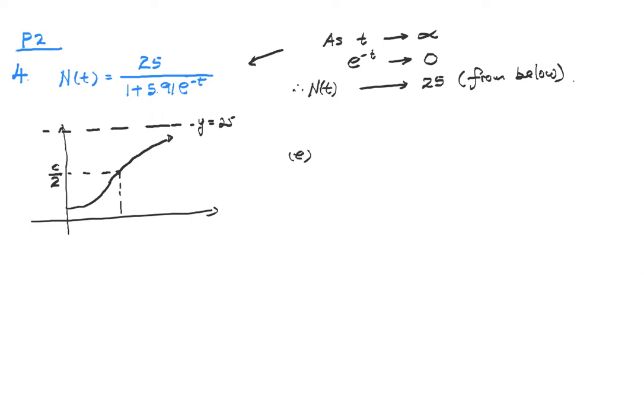So I will say the time is, and the population is, I can straight away give the answer. That is 25 over 2.